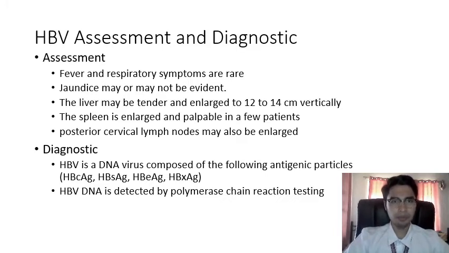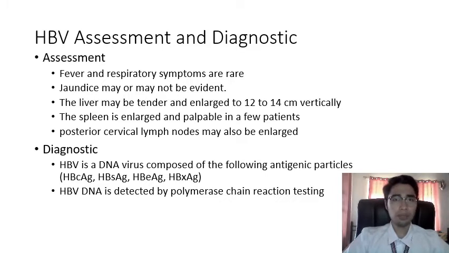Now, for the diagnostic, usually the hepatitis B virus is composed of the following antigenic particles: HBcAg, HBsAg, HBeAg, HBxAg. Now, HBsAg appears in the circulation in 80% to 90% of infected patients.